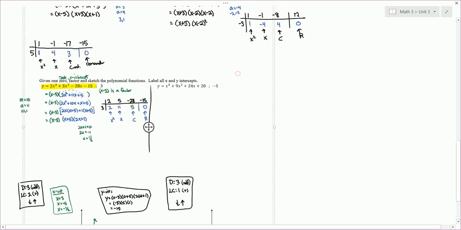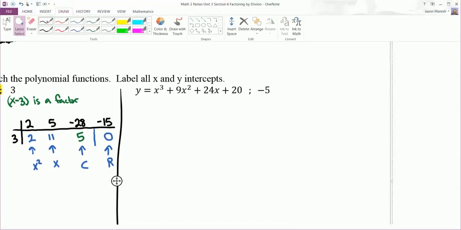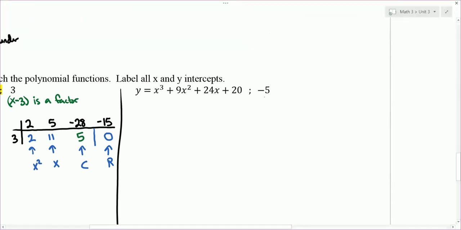Okay. Next, I want to factor this thing in order to get my x-intercepts, right? They tell us one of the x-intercepts is negative 5, which means a factor is x plus 5. And so we know this is equal to x plus 5 times something.